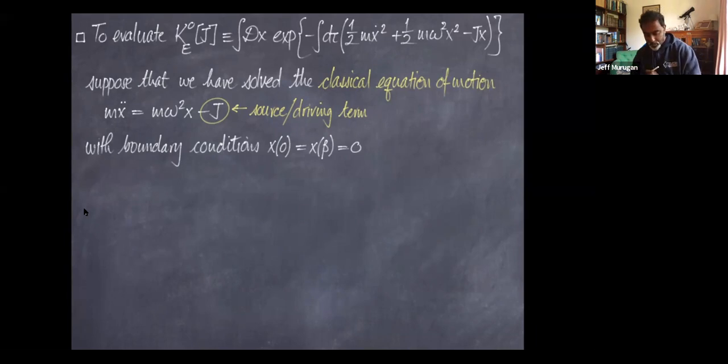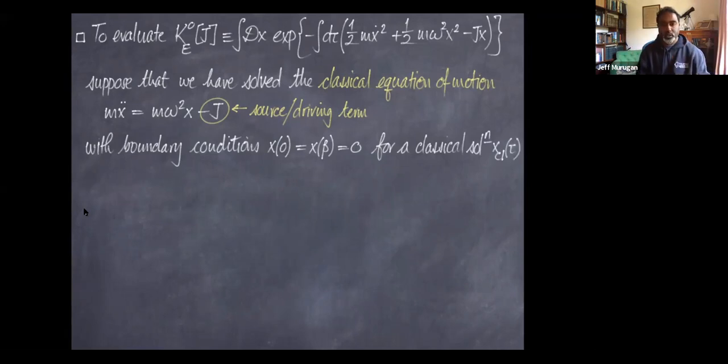And the solution I'm going to call the classical solution, and label it x classical of tau. So suppose I've solved the classical problem. Okay. What do we do from there?